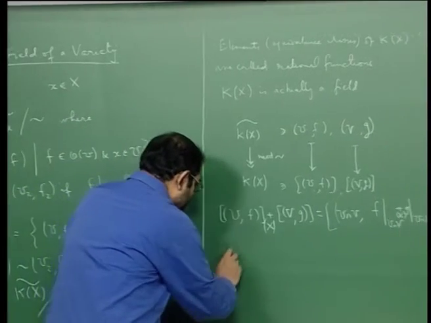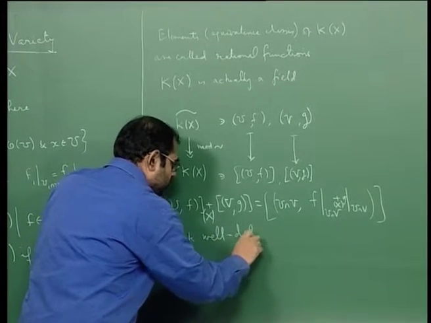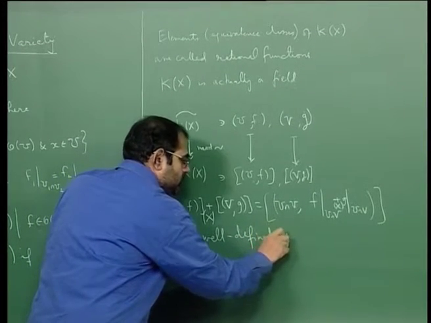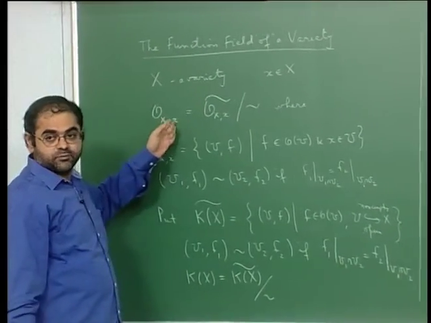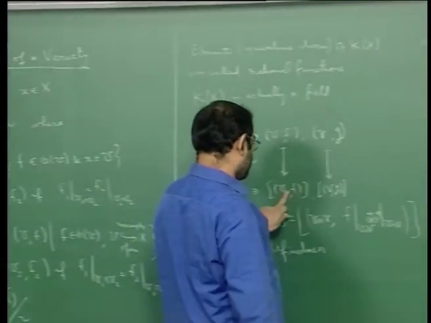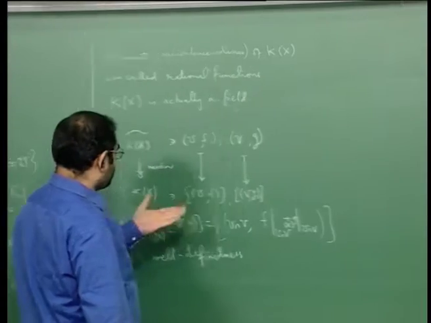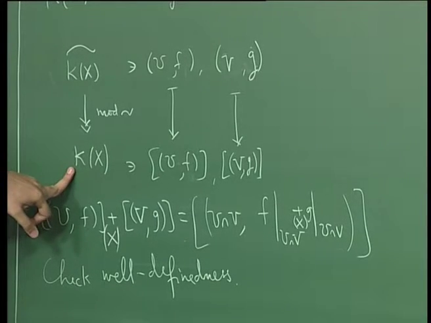So check well definedness. That is a simple exercise, the same kind of exercise as you would have undergone for the case of the local ring. So this will make kx into a commutative ring.